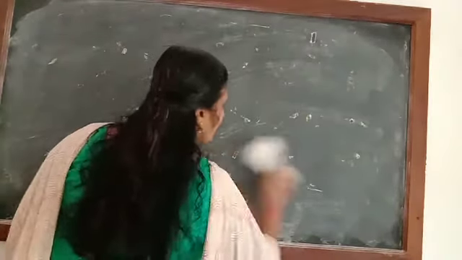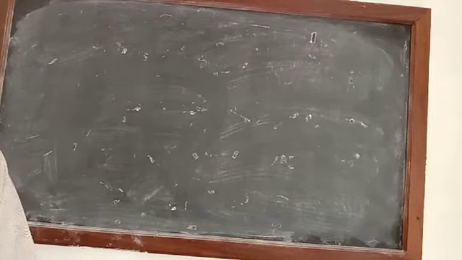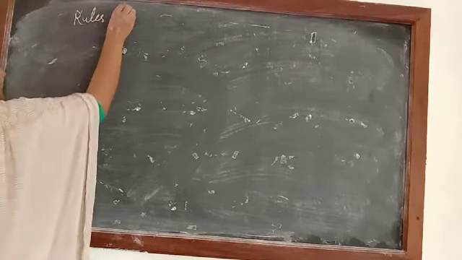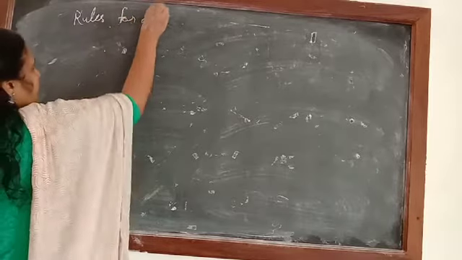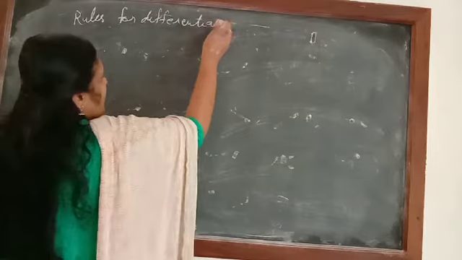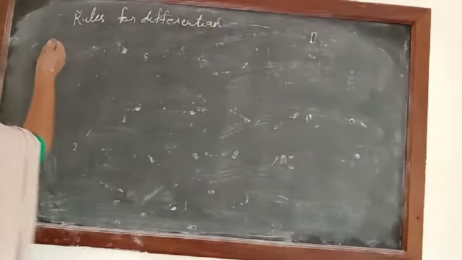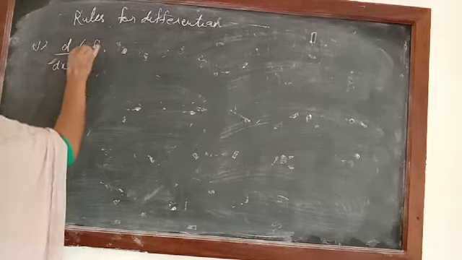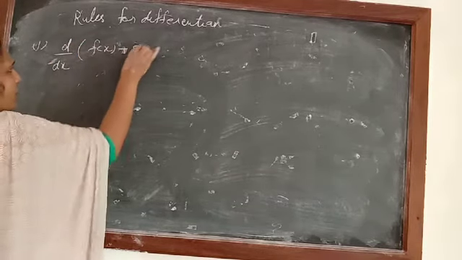Okay, now we are going to write down the formulas for differentiation. Derivative means we are finding the differentiation. So just write down the rules for differentiation. The first one is d by dx of f of x plus g of x.